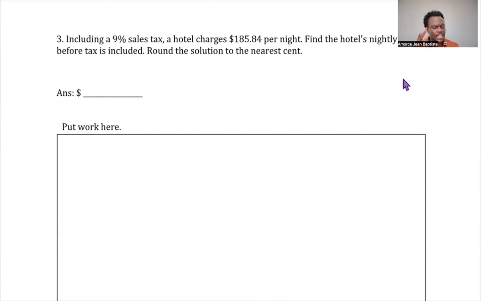It's easy to find the variable of the problem. It comes from the question they ask you. What question do they ask me here? Find the hotel's nightly rate before tax was included. Well, my variable would be x.